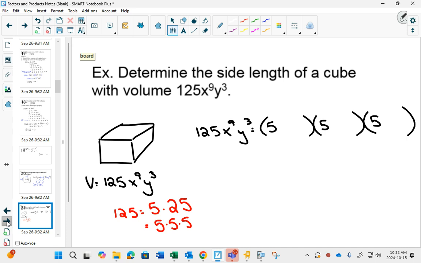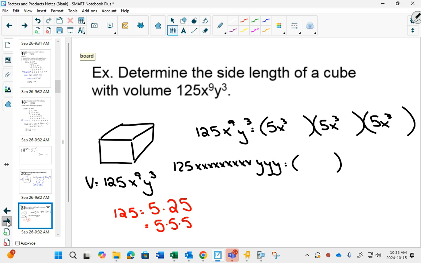With your exponent laws, how many x's would have to be in there to make 9 of them? Okay? 3. 3 here, 3 here, 3 here. You could actually, if you wanted to, you could do this. Okay, we've already figured out the 5.